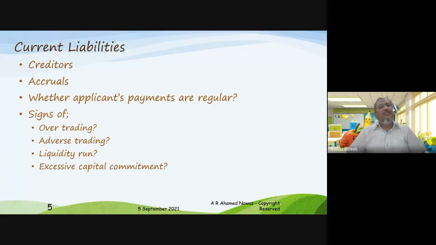Any signs of overtrading? What is overtrading? We'll discuss in detail in future programs. Overtrading means trying to expand the business without sufficient capital. When we asked some time back what overtrading is, some of the participants wrote doing more business.